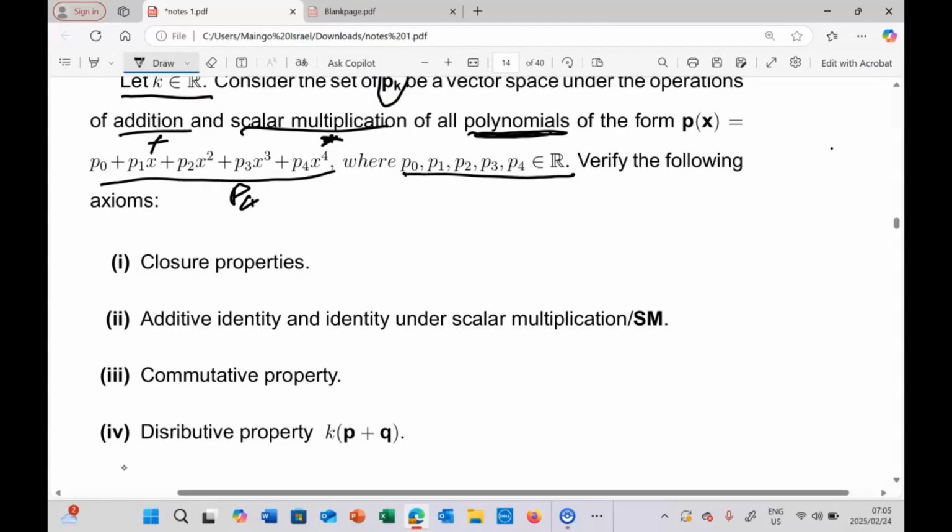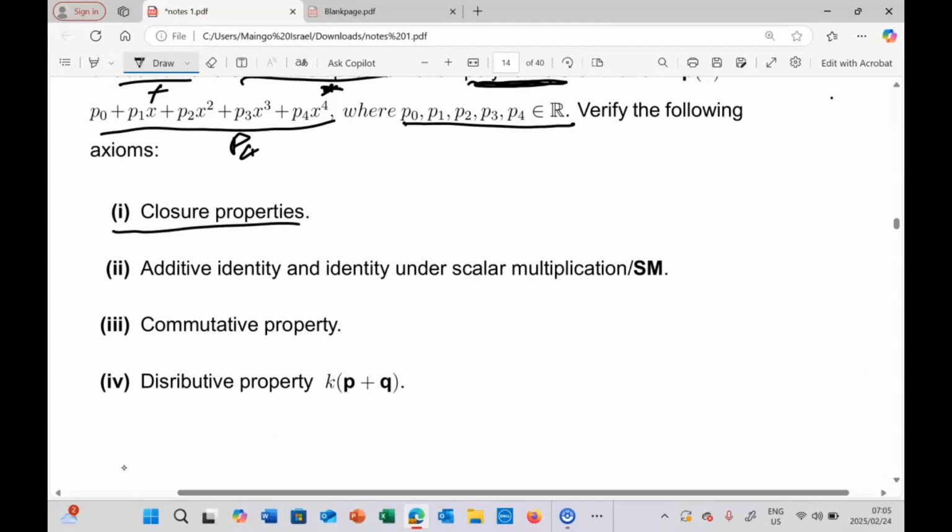So verify the following axioms. First, closure properties, because they didn't specify. You know that we have the closure property under vector addition and also under scalar multiplication. What we are proving is that P plus Q, where P of x plus Q of x, belongs to P4.